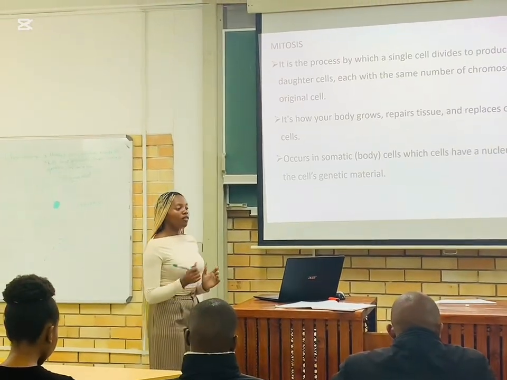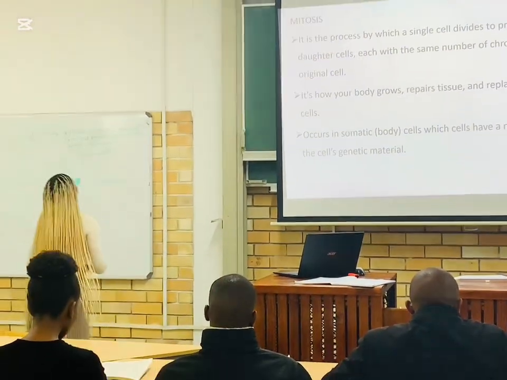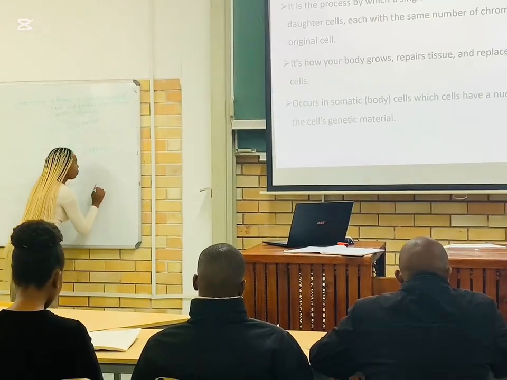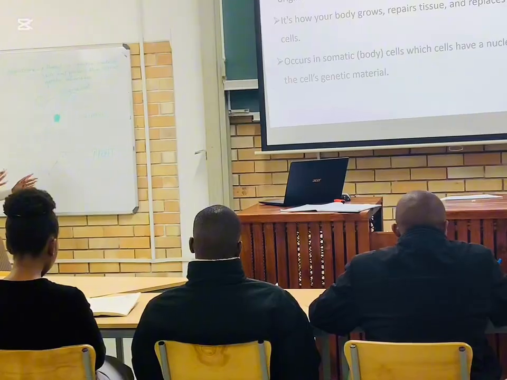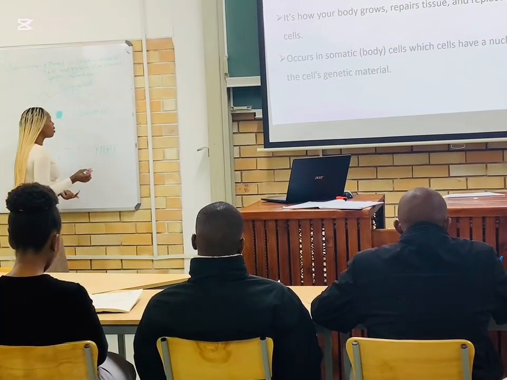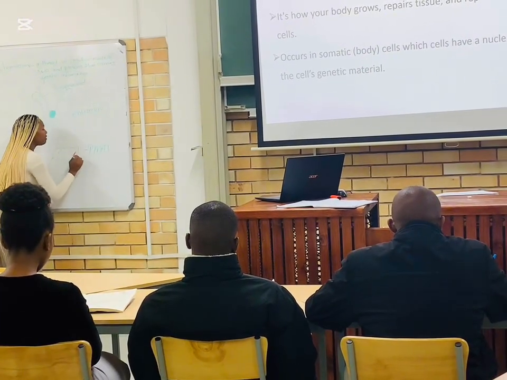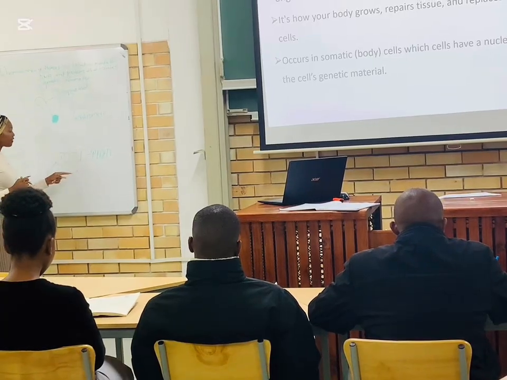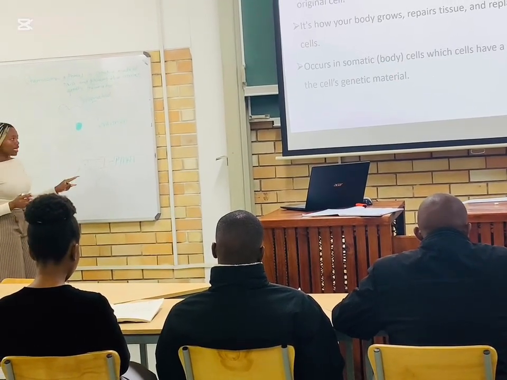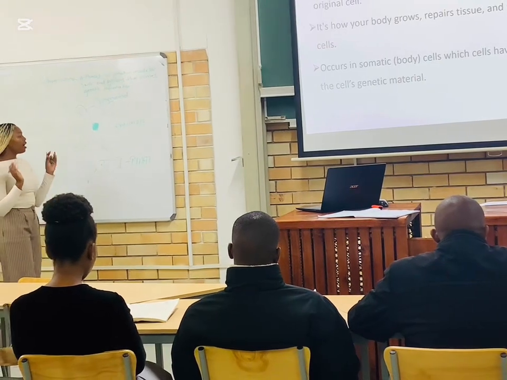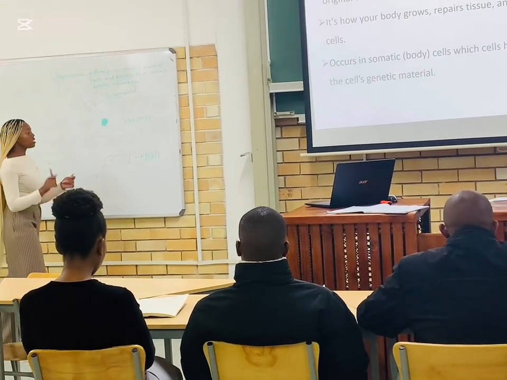Mitosis consists of 4 stages. We can use PMAT to know the sequence of the stages. But before mitosis occurs, we have a stage which is called interphase. Interphase is where DNA replication takes place. It is also where cell growth takes place.